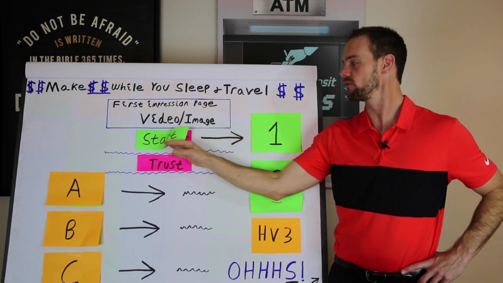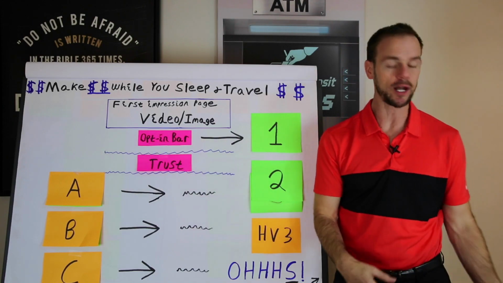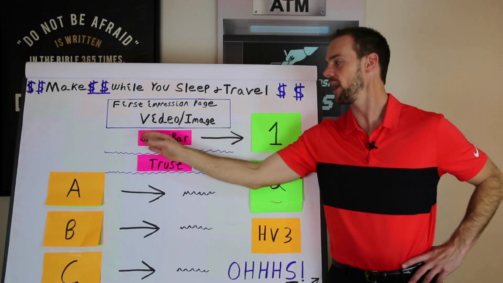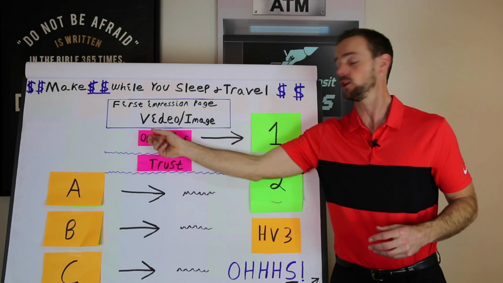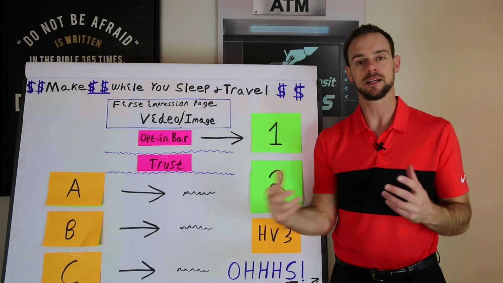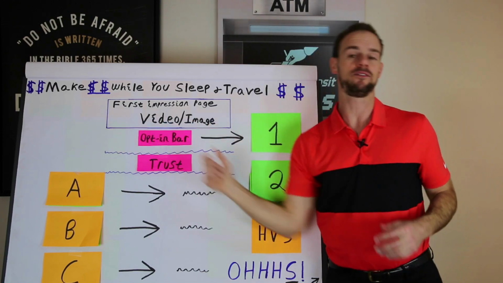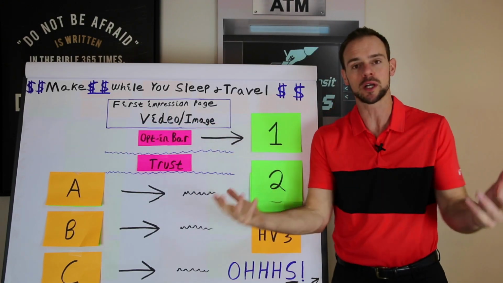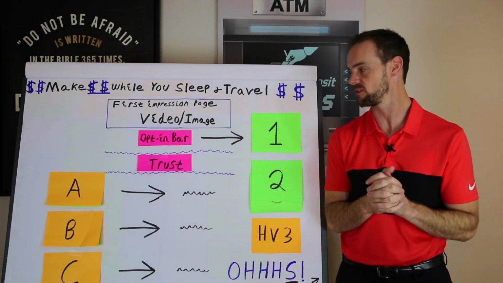And then underneath your video or image, you're going to have what's called an opt-in bar. An opt-in bar is where you're going to have a promise to them. Hey, if you give me your name and your email, you're making a helpful exchange, where you want to give them something because you care. That's what coaches do. That's the mission of the coach, to improve people's lives and businesses.